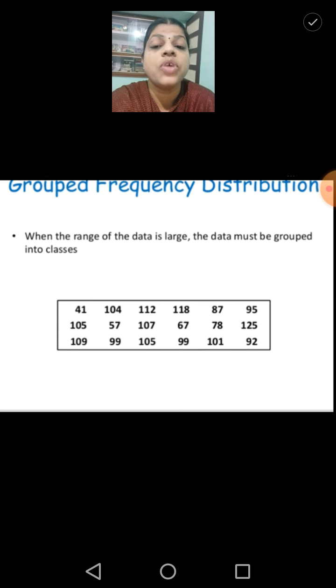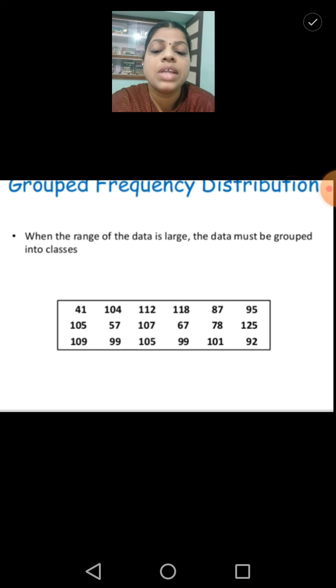When the range of the data is large, the data must be grouped into classes. Here the maximum number is not 1 or 10. Here we can see the range. The minimum value is 41, and what is the maximum value here?